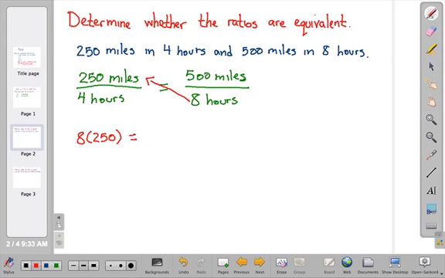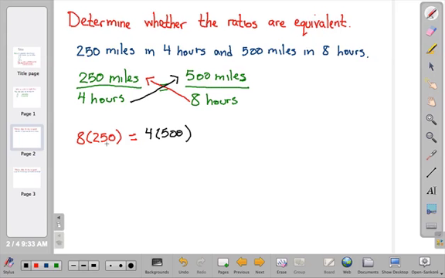And now I'm going to look diagonally the other way. And here I have 4 and 500. So I'm going to multiply those two together. And if the number that we get on the left is equal to the number on the right, then these two things are equivalent. If they're not equal to each other, then that means that these two ratios are not equivalent.